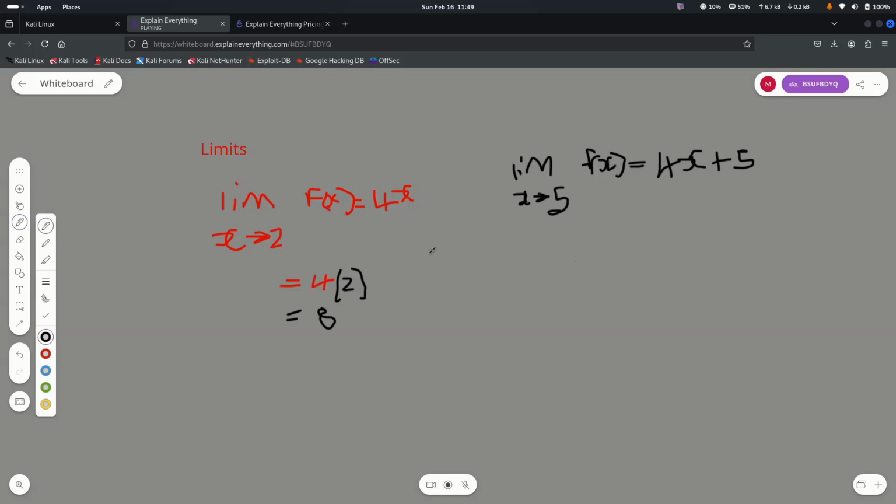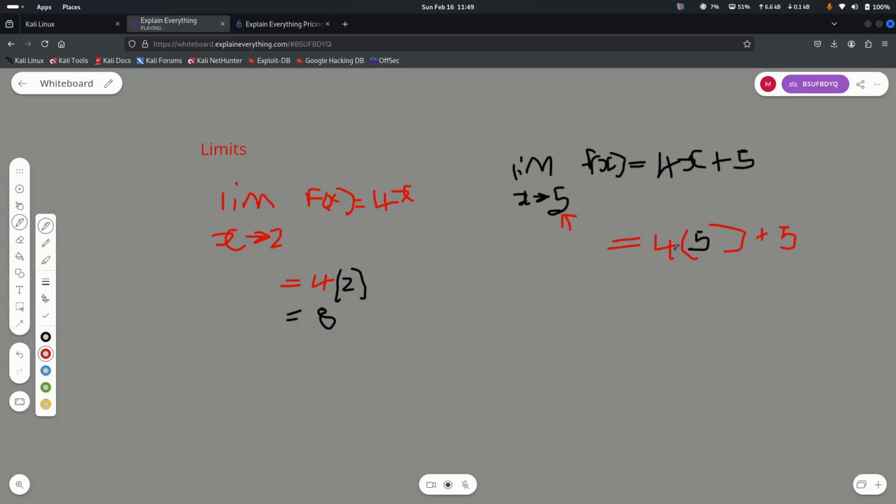Then we are going to do it like this. We are going to say 4 multiplied by our 5. Now that x is approaching 5, we are going to say 4 multiplied by this 5, and plus 5 in our function, right?